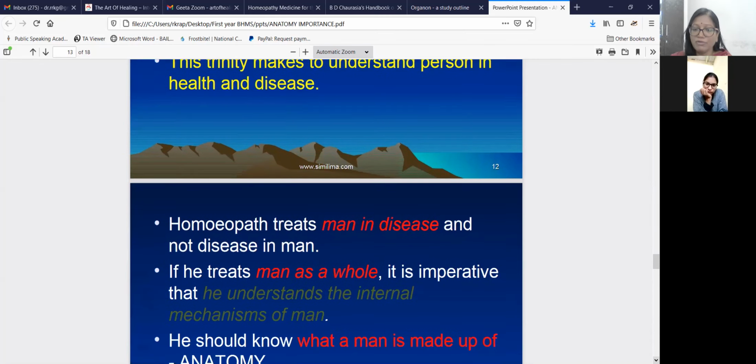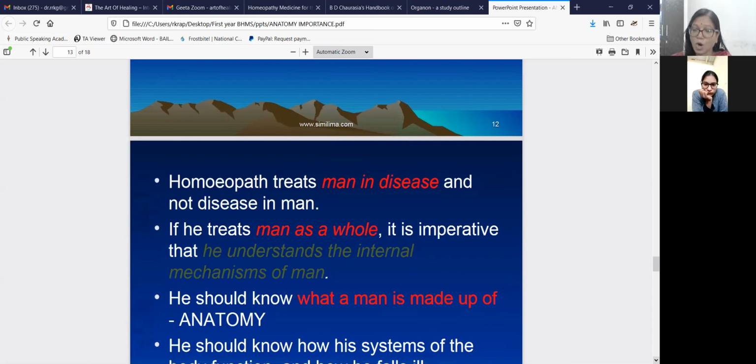So in homeopathy, we treat the man in disease, not the disease in the man. What is the meaning of this? Are man in disease and disease in man different or the same? Tell me, how do you understand this sentence?